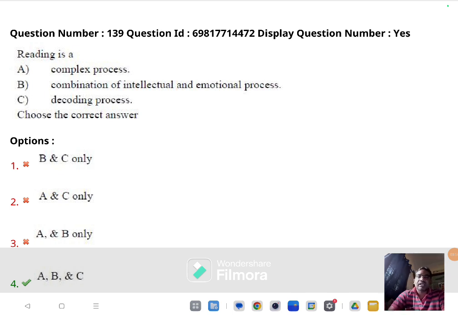The options are B and C, A and C, A and B, and A, B and C. Reading is a complex process, this is right. Combination of intellectual and emotional process, yes. And decoding process. So all 3 are correct.